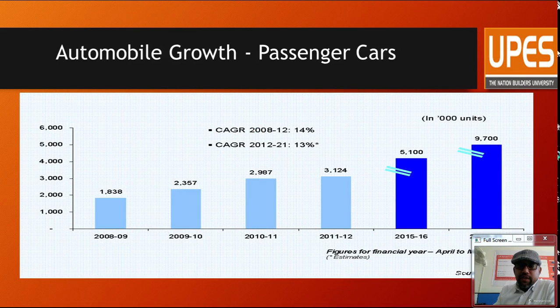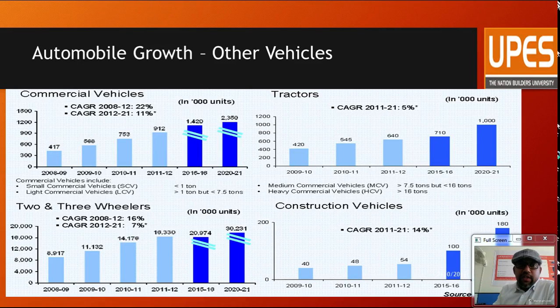Then growth: for passenger cars, by 2021, 9,700,000 units are required. For commercial vehicles, 2,350,000 units are required, tractors 1,000,000 units, and two and three wheelers 30,231,000 units.